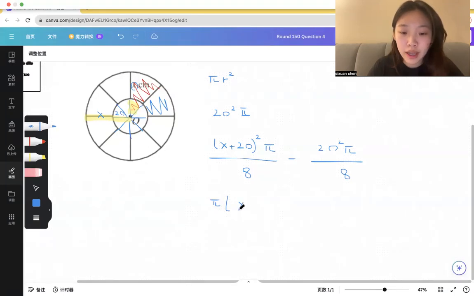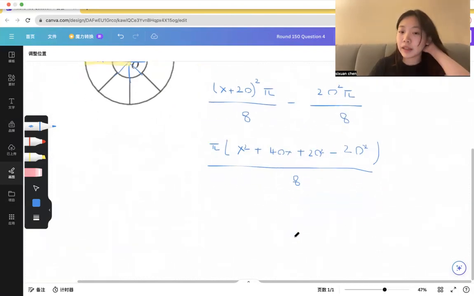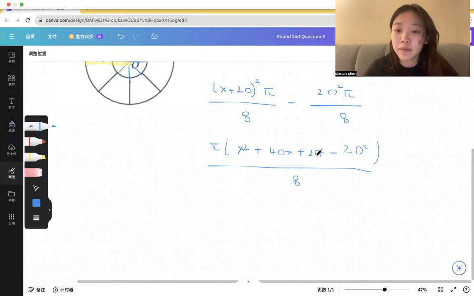In this case, it will be x squared plus 2 times 20 x, which is 40x, plus 20 squared. And then minus this 20 squared right here, and then divide this whole thing by 8. And then we can simplify this by getting rid of the plus 20 squared and the minus 20 squared.